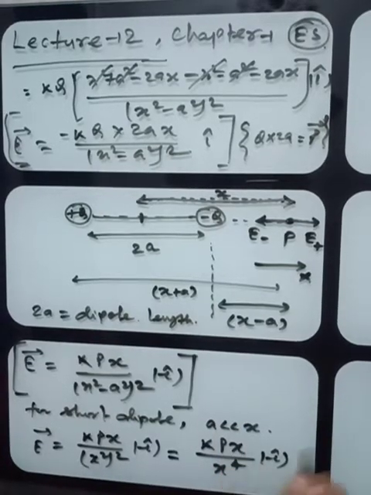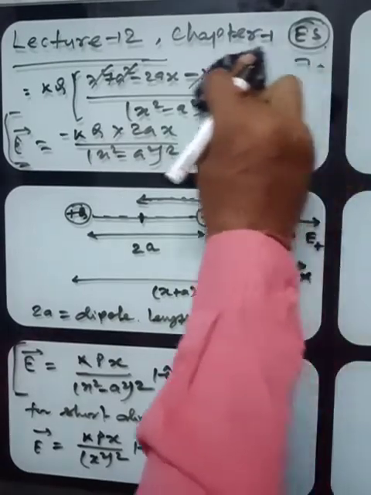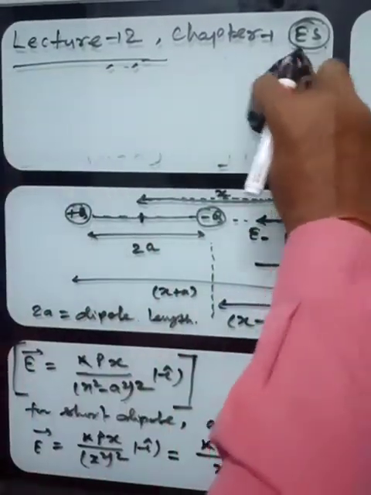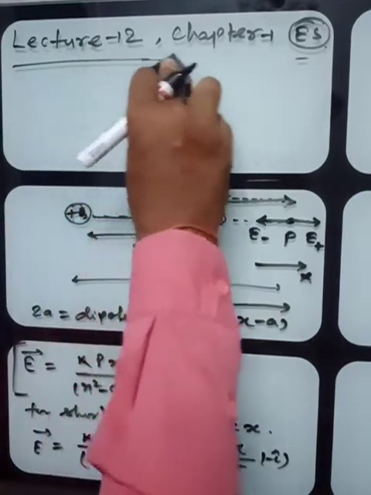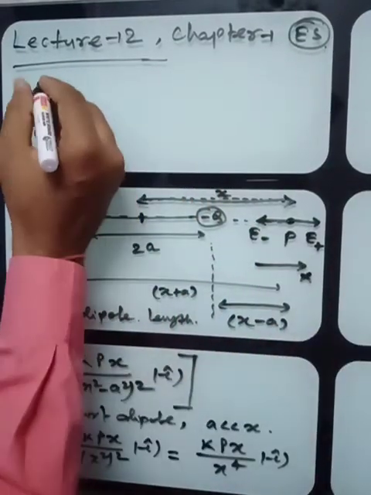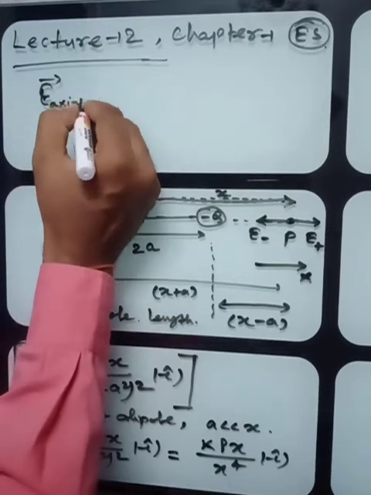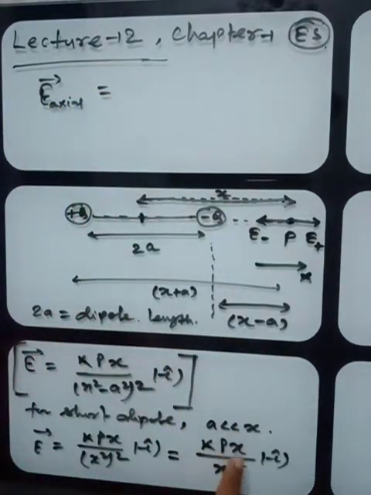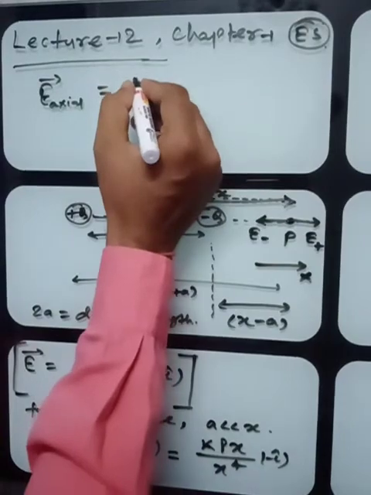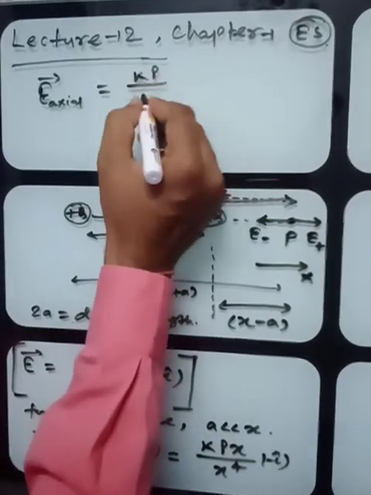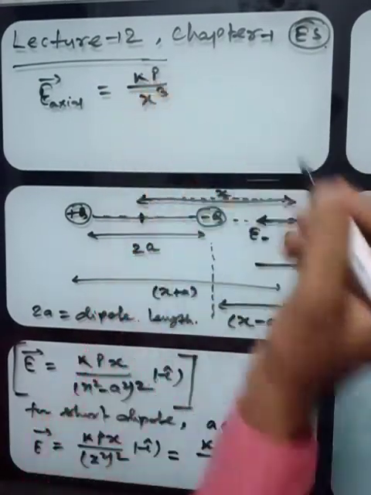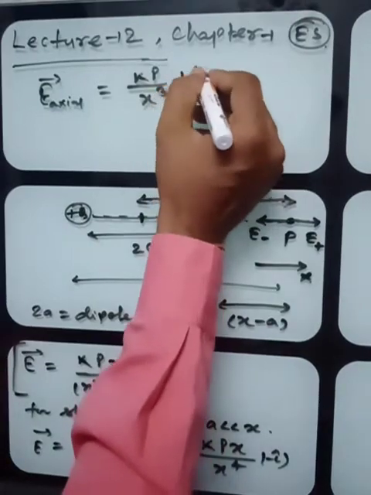This x will be cancelled out: kpx over x to the power 4, minus i cap. We'll have a simple equation that is easy to remember also. E net at the axial point is kp over x cube, with the direction minus i.